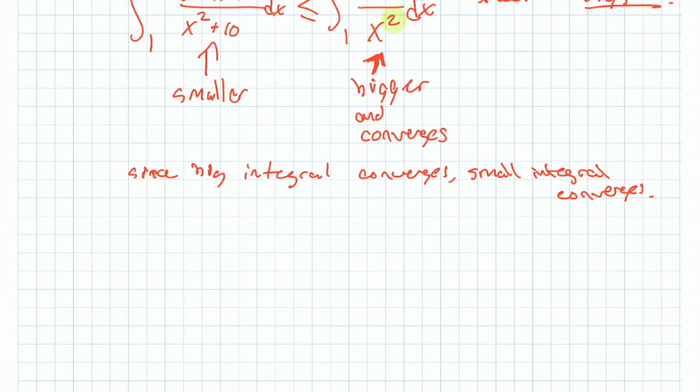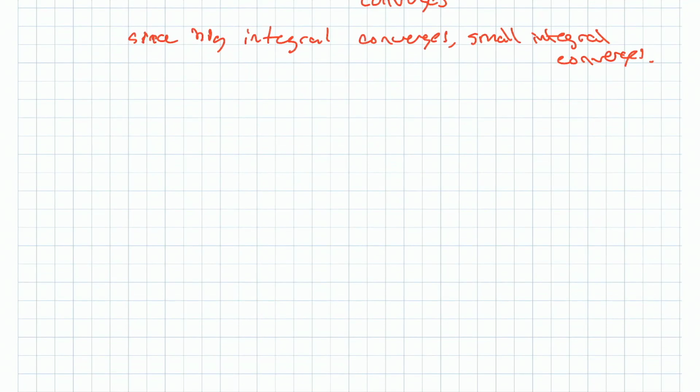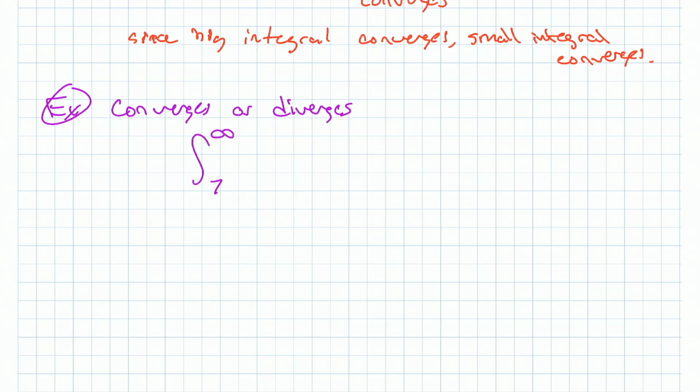All right, let's do one more of these. So, example, it's another converges or diverges. And I've got the integral from 7 to infinity of (7 plus e to the negative x) over (x minus 7).